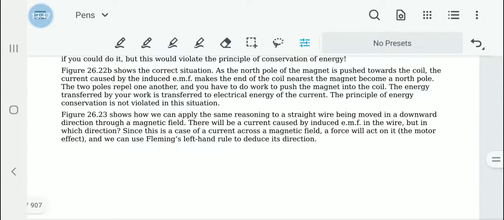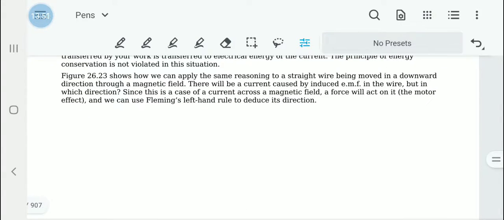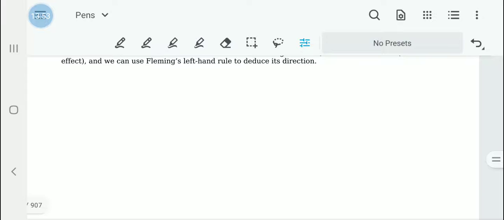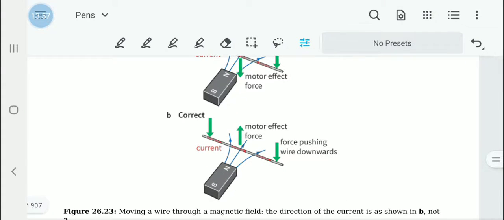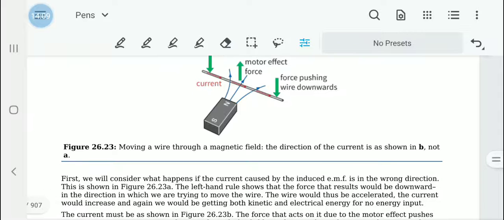Now this is a current across a magnetic field. So as a result, there will be a force, again the motor effect. And if we use Fleming's left hand rule to figure out in which direction, we will see that the motor effect force is in the upward direction. So we are applying a force, pushing it downwards, and the motor effect force is upwards.